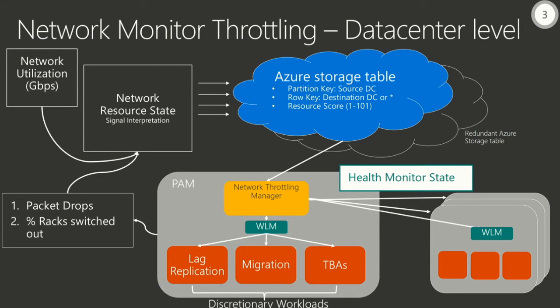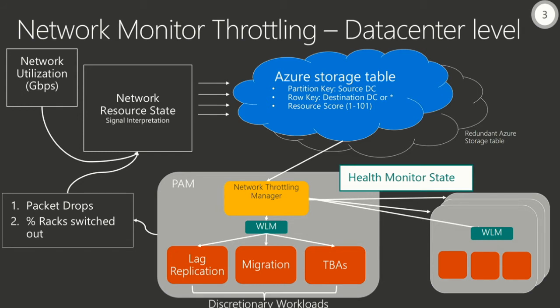The other thing that you'll see on the left is we consolidate the health of the network that we get from the servers themselves, such as packet drops and the percent of racks switched out for that location. The important thing to note there is in the Helsinki scenario, we used that packet drop signal that we got based off of Exchange server information alone. We didn't have a dependency on any other networking information there.